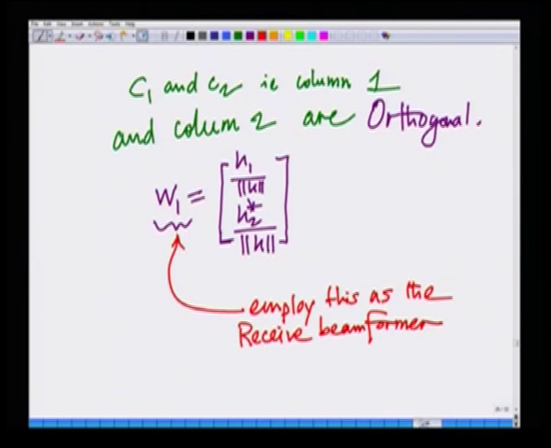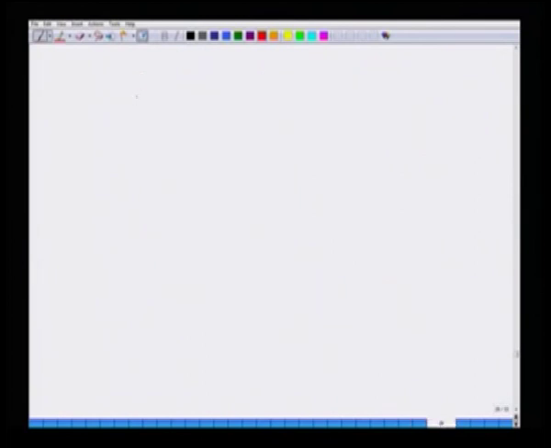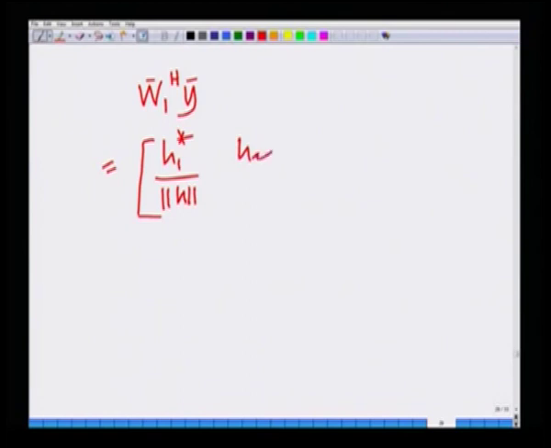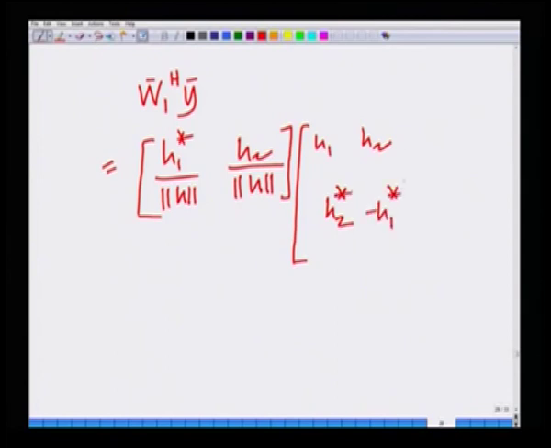So, what I am going to do is perform W1 Hermitian y bar, which is nothing but H1 conjugate divided by norm H, H2 divided by norm H, into H1 H2, H2 conjugate, plus W1 Hermitian n bar.